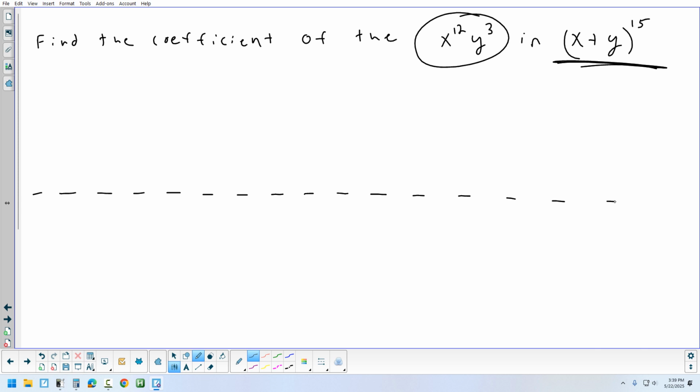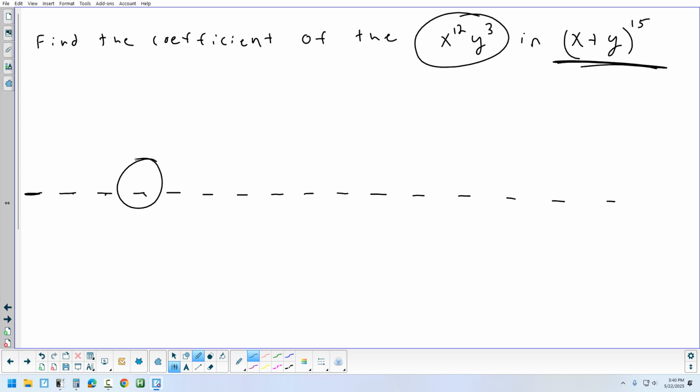But if you want to get a visual of where you're going to be, x to the 12th y cubed. What would the power of x be on this first term? Yeah, 15, this would be x to the 15th, and then x to the 14, 13, 12. There we are. So that's the term I'm trying to have you find.